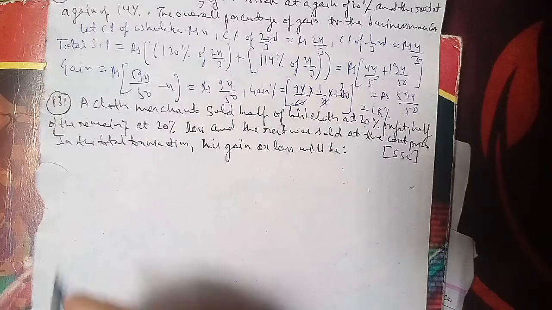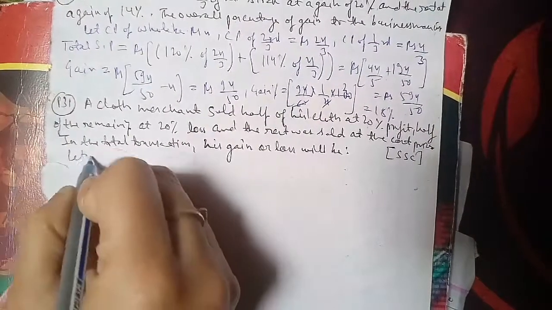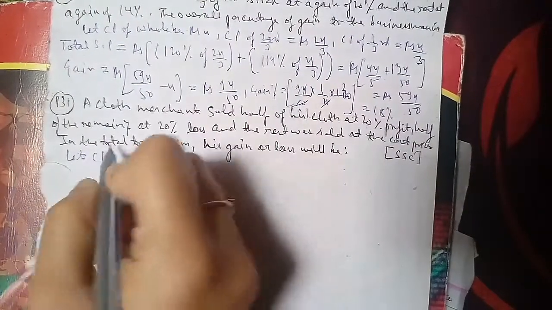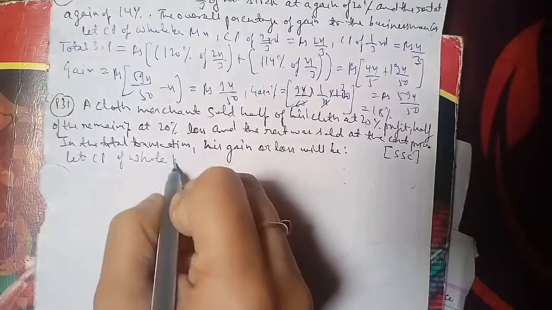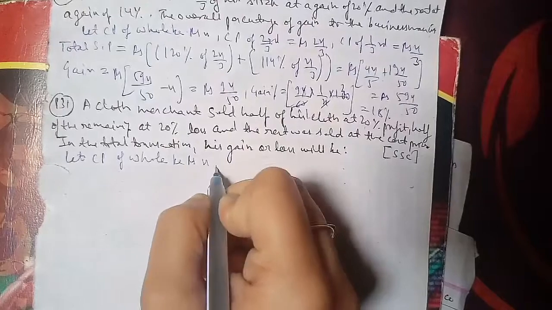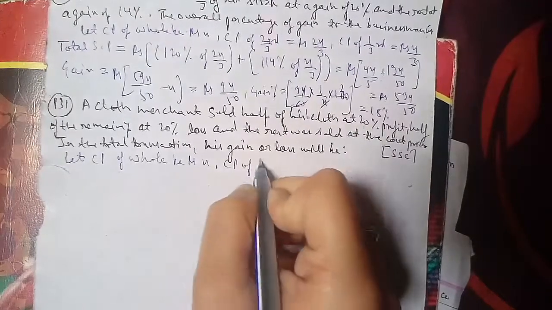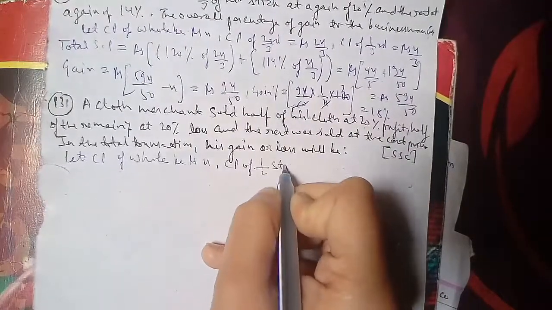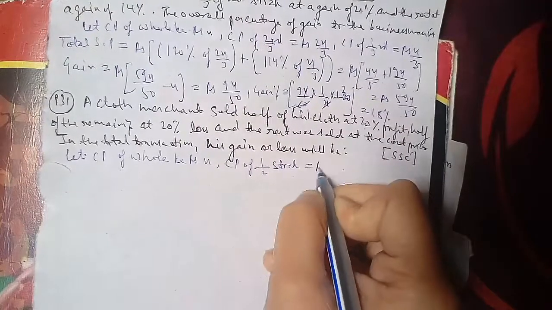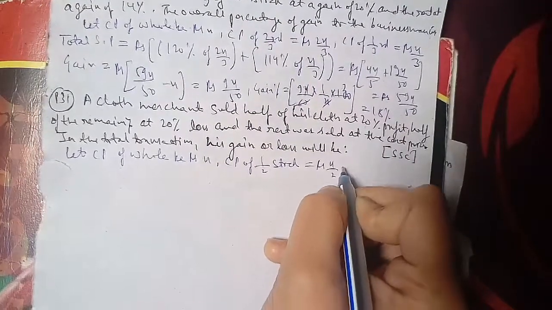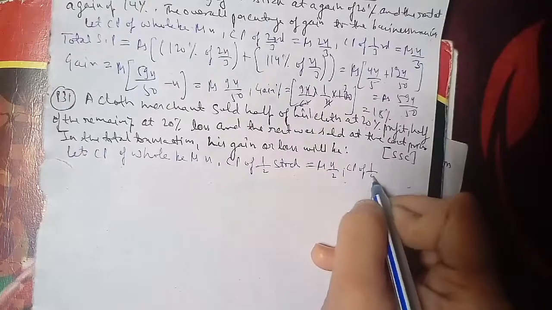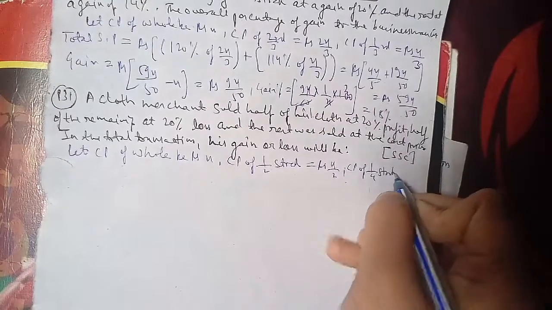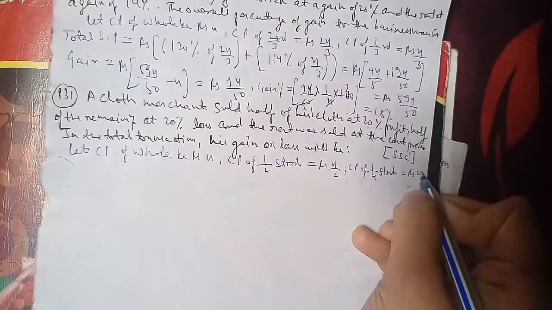Let the cost price of whole be rupees X. Cost price of 1/2 stock equals rupees X by 2, cost price of 1/4 stock equals rupees X by 4.